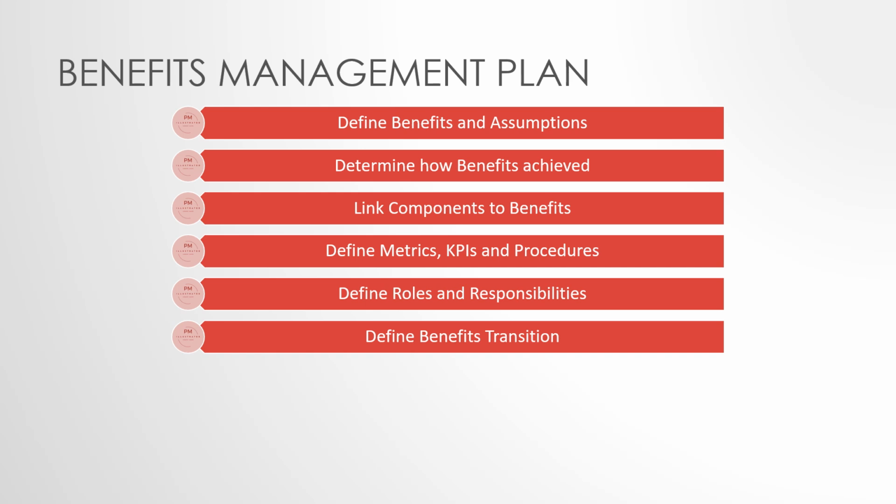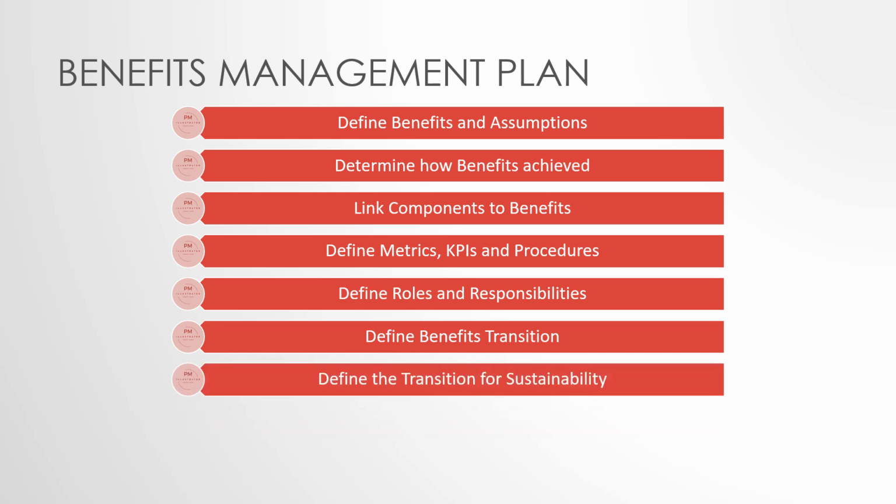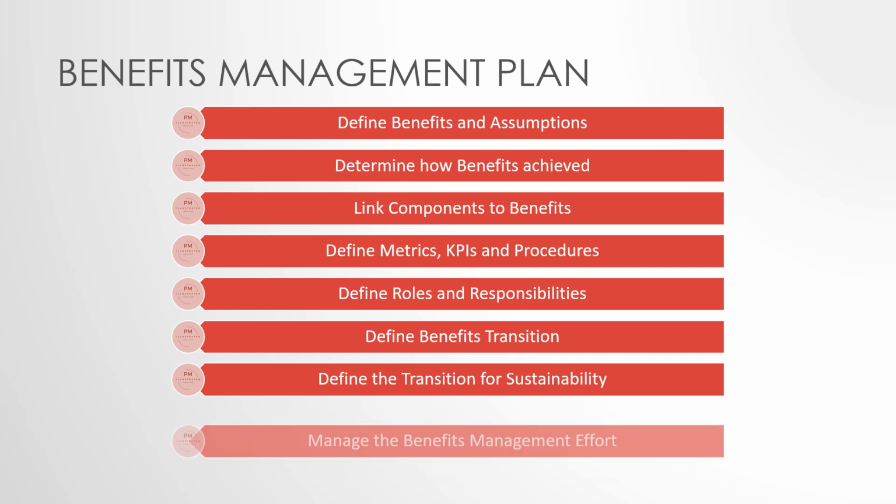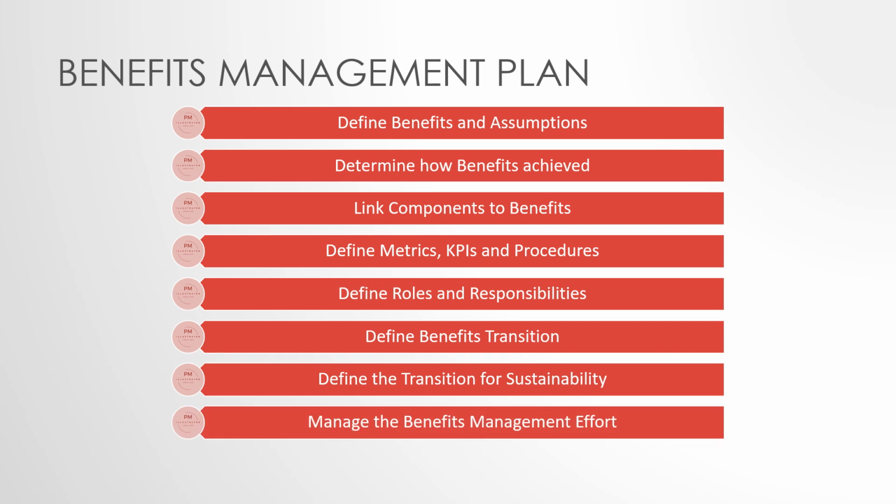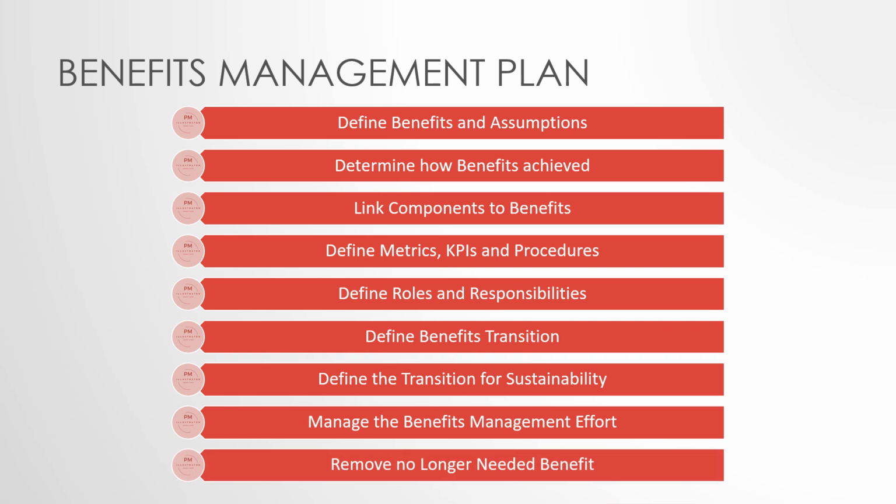Define how the resulting benefits and capabilities will be transitioned. Define how the resulting capabilities of benefits will be transitioned for sustainability. Provide a process for managing the overall benefits management effort, and finally, provide a process for removing a benefit that was initially planned but is no longer needed.